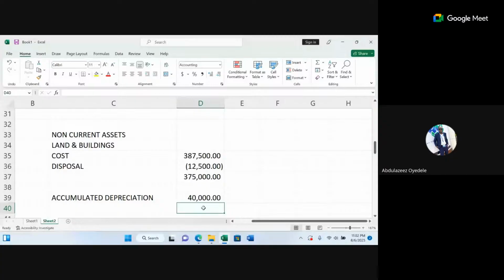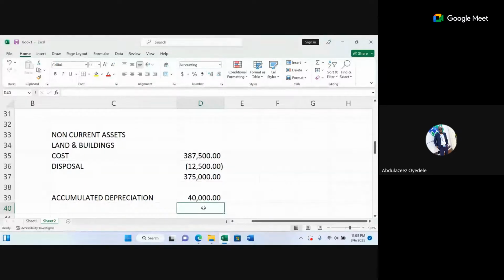Now, out of this accumulated depreciation of 40 billion, it includes the accumulated depreciation on that particular building that has been disposed of as well. I hope we get that.